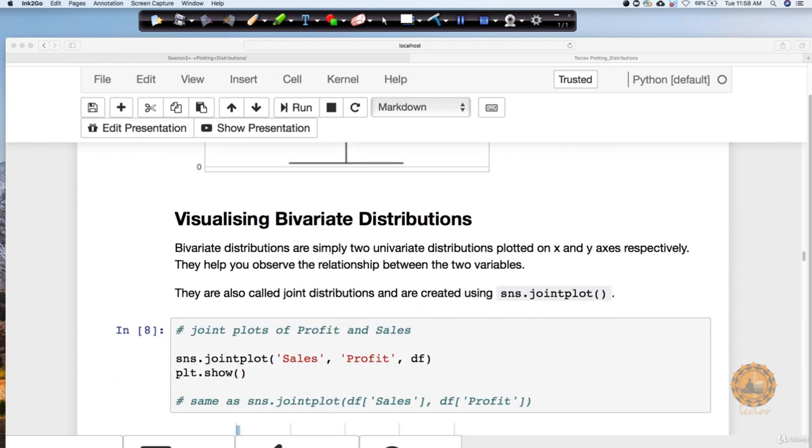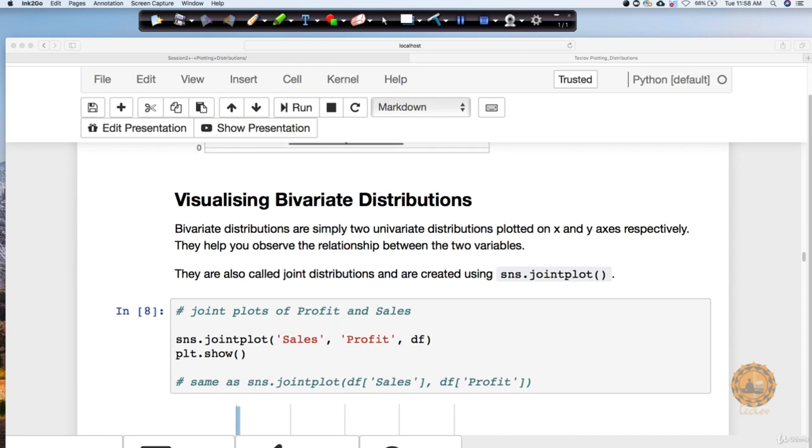Now let's perform some bivariate analysis, again by doing some Seaborn plots, so that we can learn almost both of them. In bivariate analysis, the difference is, in univariate analysis you only work on one column at a time.